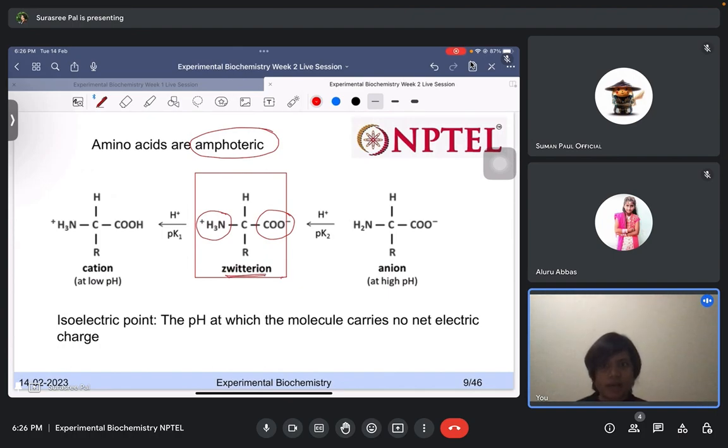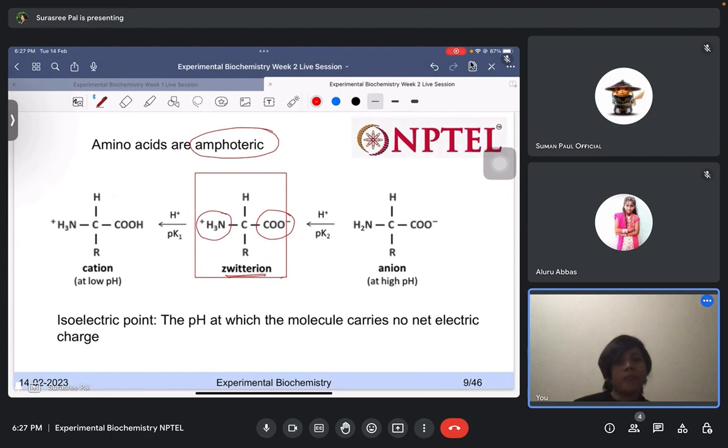It is a Zwitter ion because there are two charges, one positive and another negative, and also there is no net charge on the molecule because they cancel each other, right? So this is the Zwitter ionic form of the amino acids.